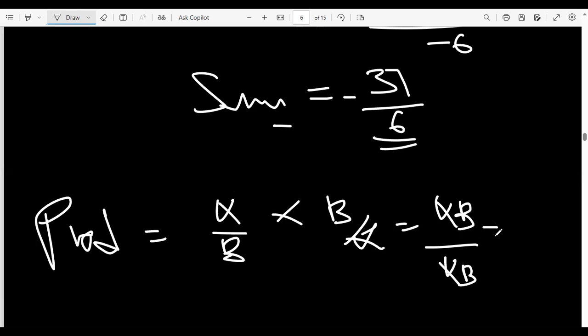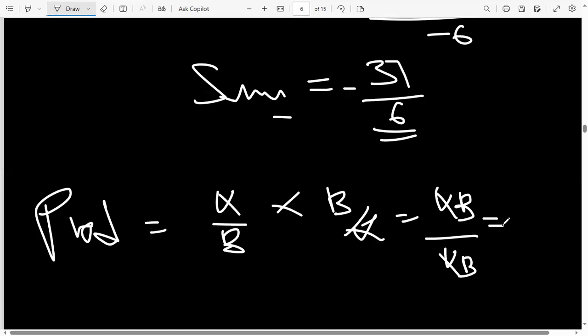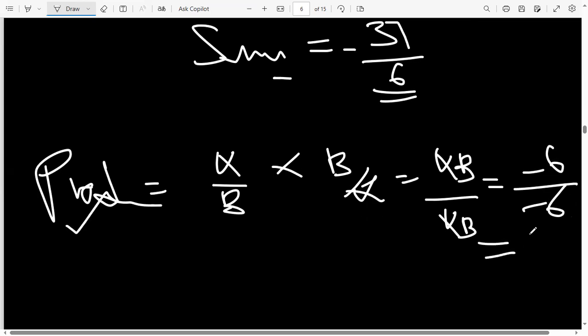Alpha multiplied by beta is 6, and alpha multiplied by beta is 6. So when we find their product, it's just 1, because 6 over 6 is 1.